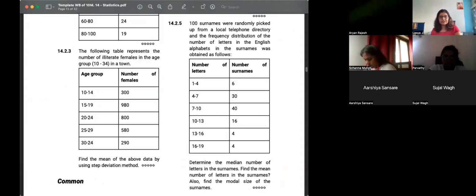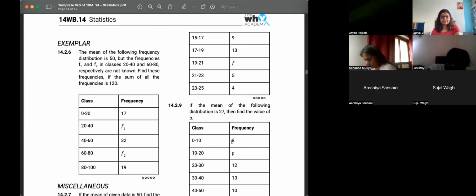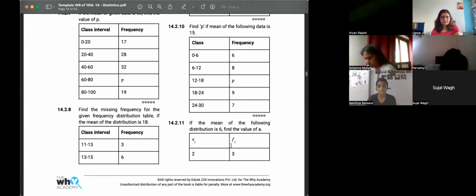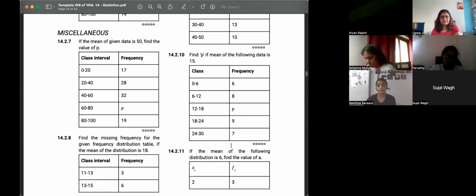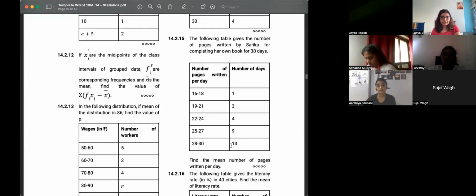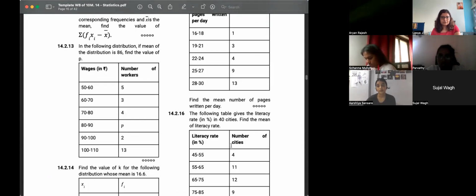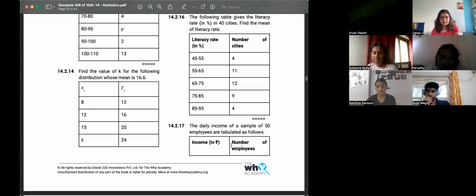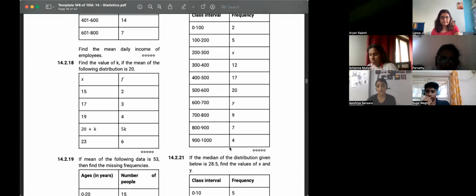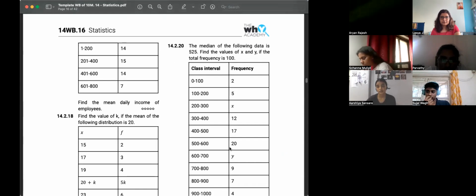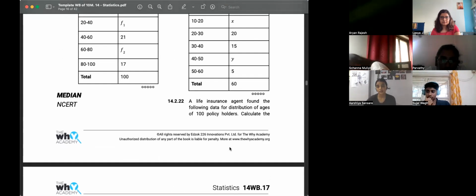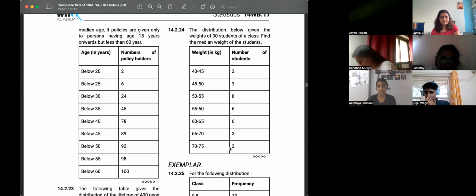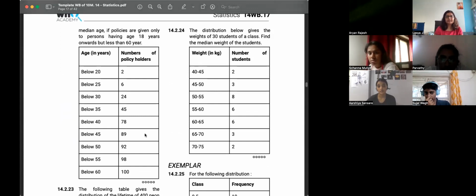So next question in median. Using frequency and all, we'll do it later. Okay, this is a different kind of table that's given.